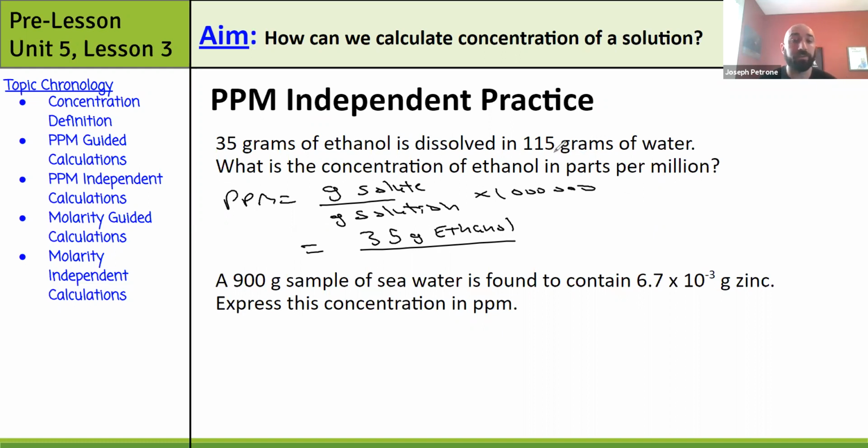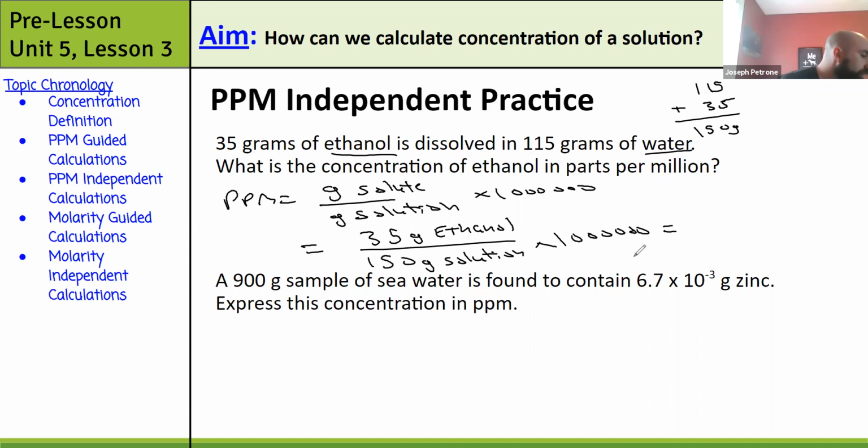So once again, it says dissolved into water. So we need to determine our mass of solution. Once again, we have our solute here, solvent. So we need to add them up. So 115 from the water plus 35 from the ethanol is going to give us 150 grams of solution. Multiply that by a million, and you should get your final answer of 233,333.3 repeating. That's parts per million.